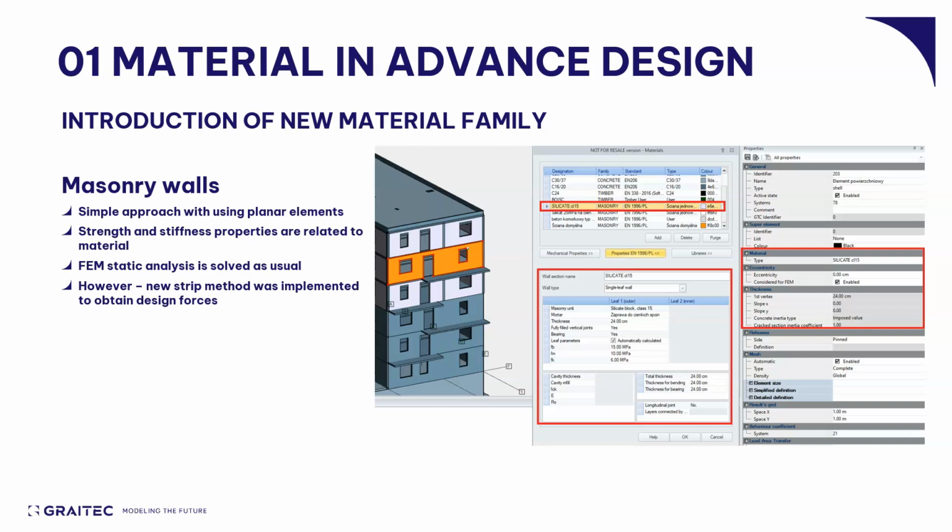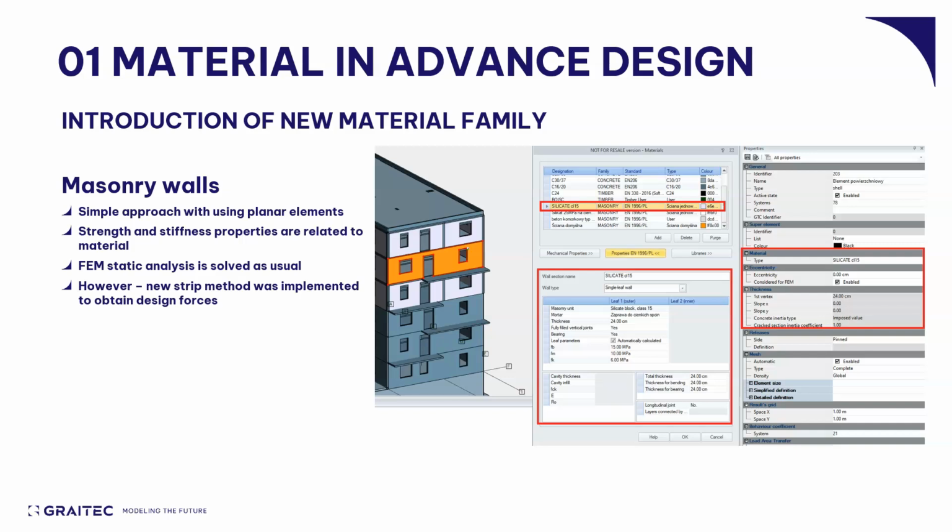in the simplest form, let's say for a single leaf wall, you get all the characteristics calculated automatically. So the strength is calculated according to Eurocode, and the stiffness is assumed basing on the strength parameters. In the FEM analysis, it's also very simple because you use a standard planar element modeled as a shell type with this new masonry material assigned to this element.